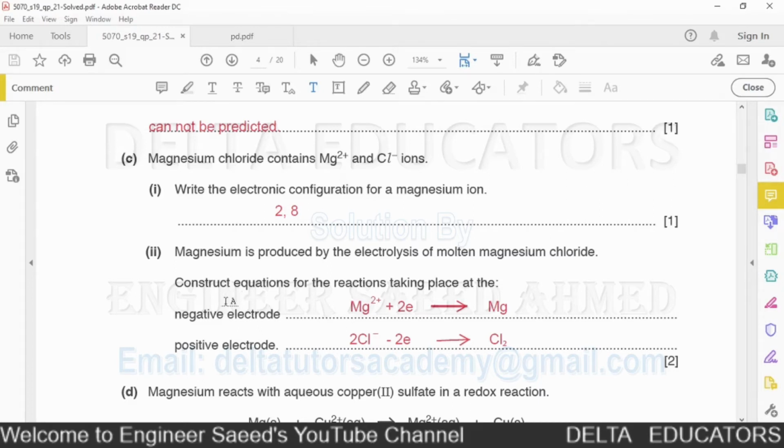So at the negative electrode, at the cathode, this magnesium positive ion will migrate. It will gain 2 electrons and be converted to a magnesium atom. Now at the positively charged electrode, at the anode, the chloride ion will migrate and chlorine gas will be liberated.